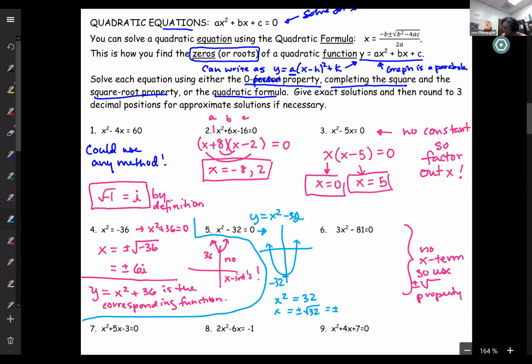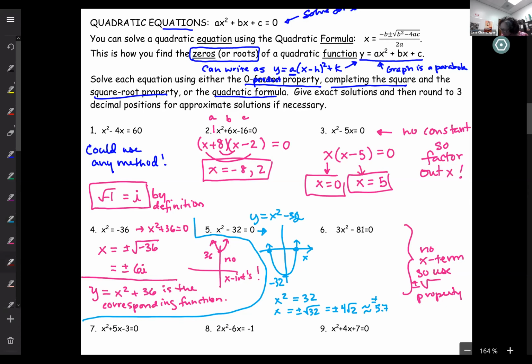Square root of 16 is 4. So 4 root 2, which is approximately 5.656, 5.7, plus or minus. So that's where it hits the x-axis.